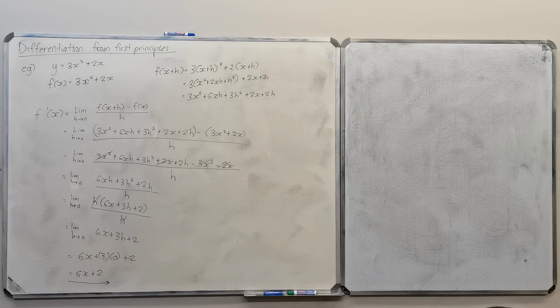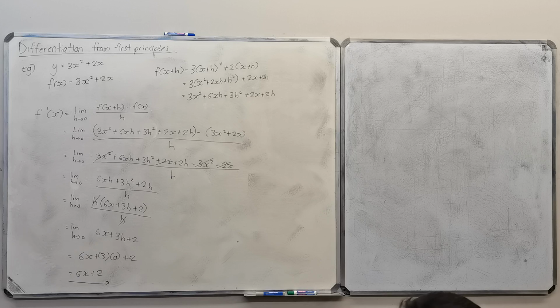With that, I'm on page 184. Just after that part where they got to 6x plus 2, they tell you that differential coefficients of expressions like x to the power 10 result in time-consuming calculations.